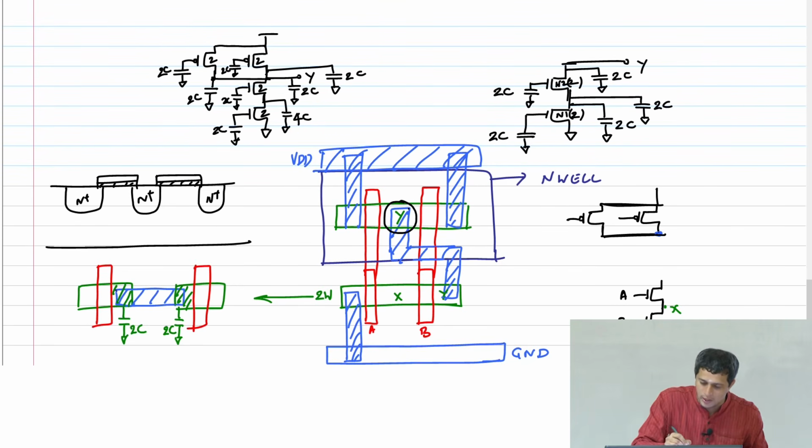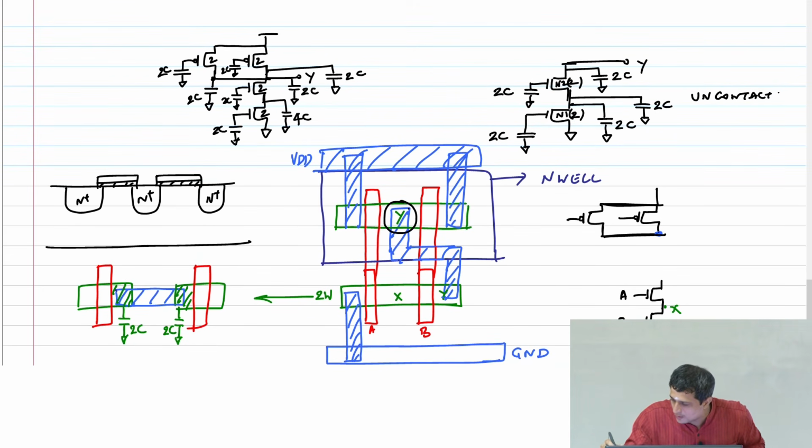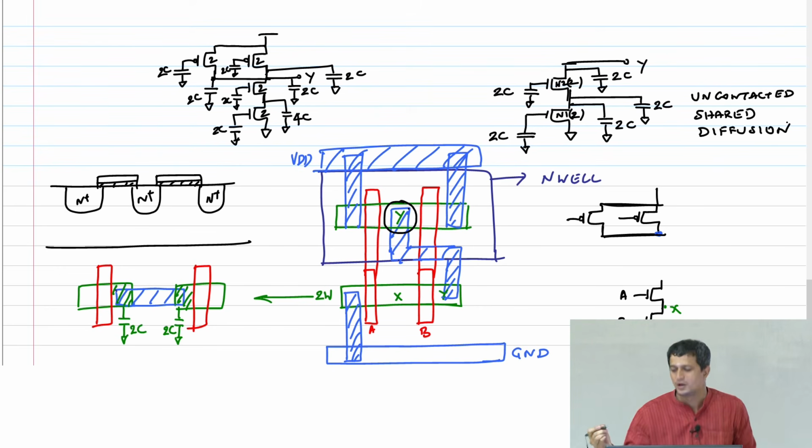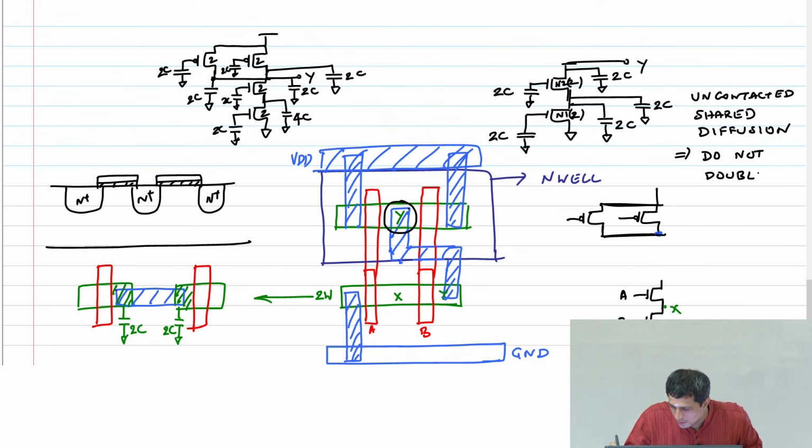Here, this is a contacted shared diffusion, and therefore do not double count cap.